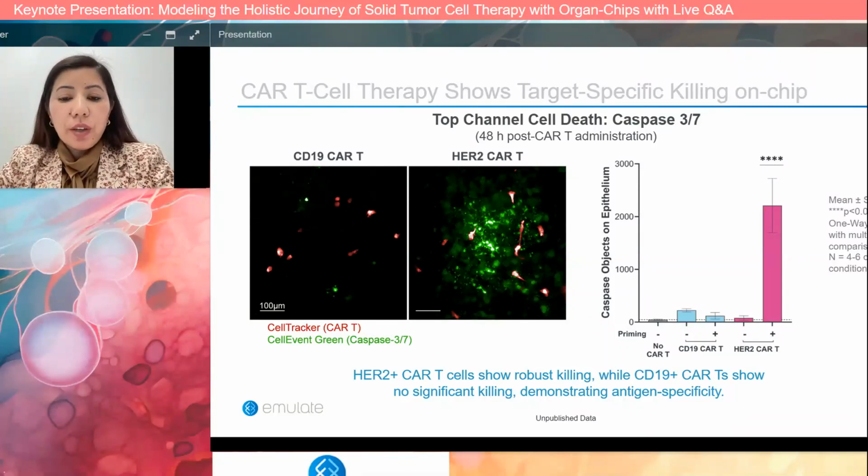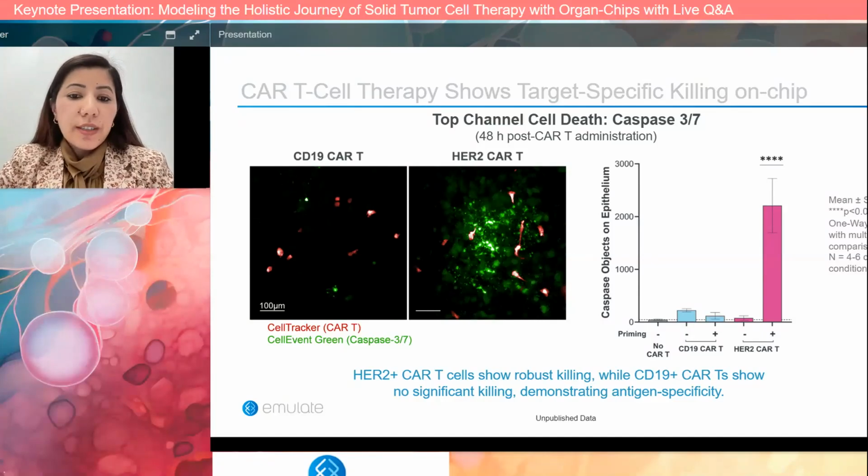However, what is really striking is that you don't see killing with CD19, which is shown here by caspase 3 and 7, labeled with the green color. So you can see that HER2 CAR, when it sees the antigen, specifically kills the tumor cells, and that is absent with CD19, which tells you the specificity, or antigen-specific killing, of these tumor cells, which is not seen with the CD19 CAR T cells.